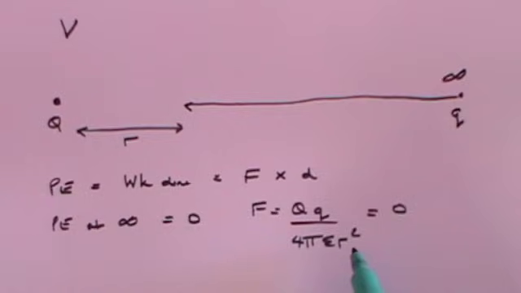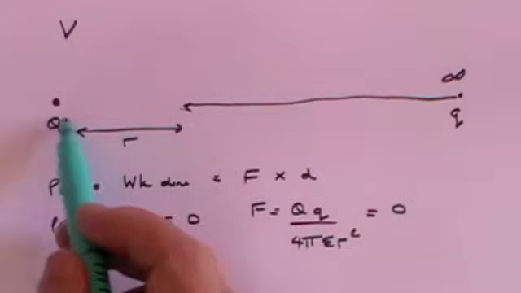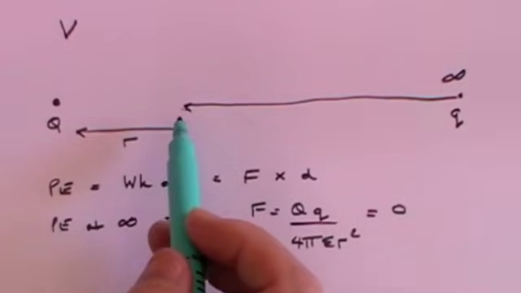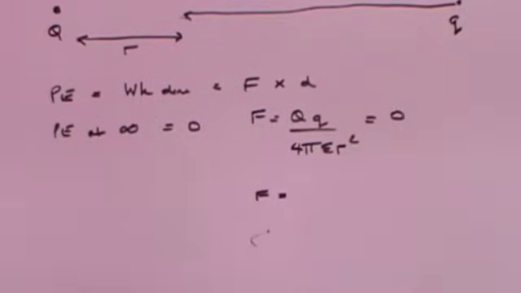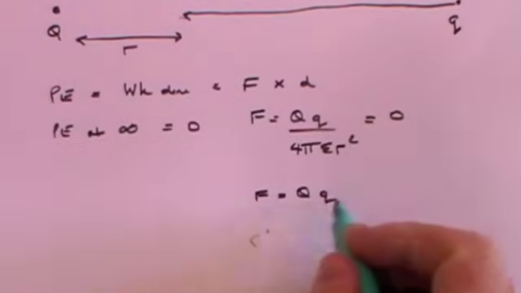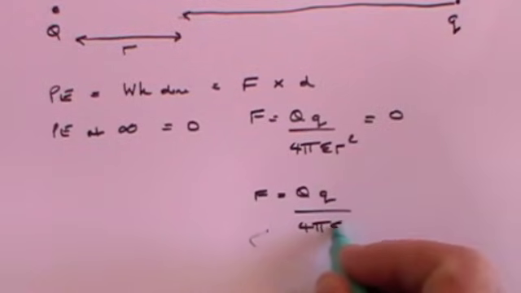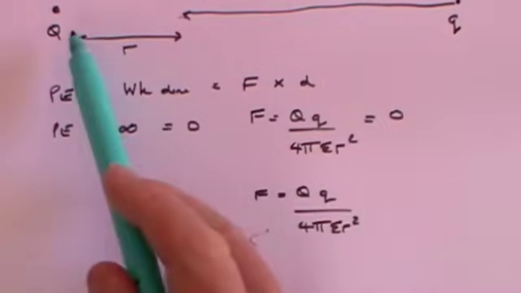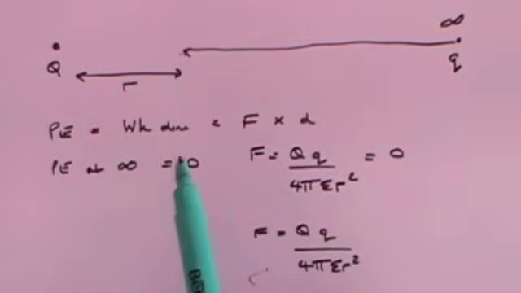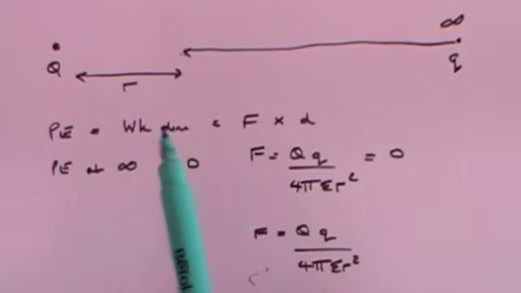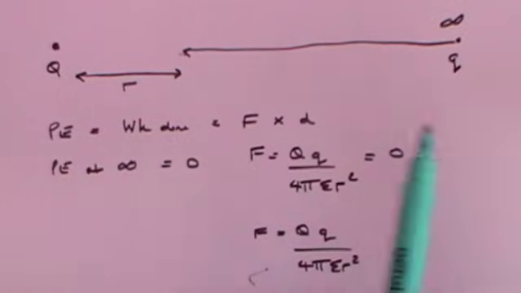So there's no force. What is the force when you get to the point where capital Q is separated from little q by a distance r? That force will once again be equal to Qq over 4 pi epsilon r squared, where r now is just this distance here, and the potential energy is going to be the work done, which is the force times the distance.